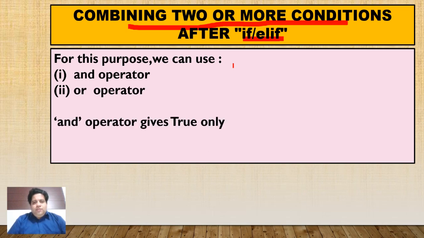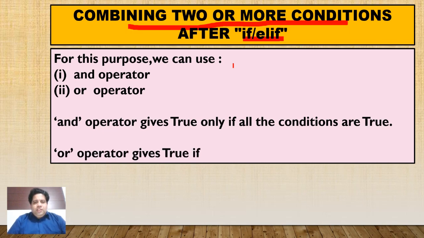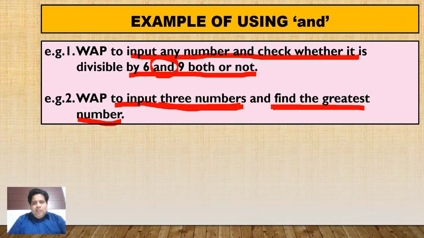AND operator gives true only if all the conditions are true. That we have discussed in two examples. Now we will discuss OR. OR operator gives true if any one of the conditions is true. Okay. So let's discuss an example of OR.